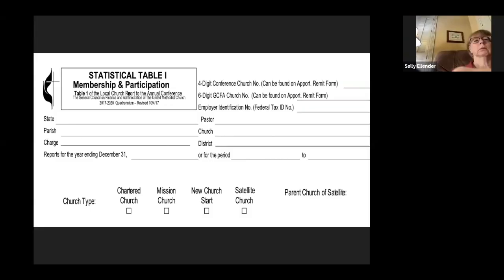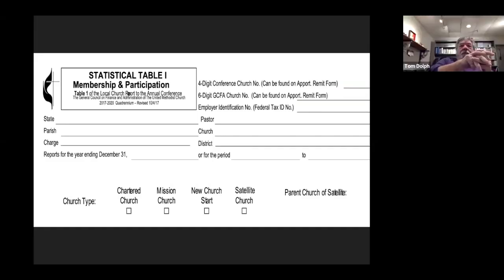So at the top right, you see again your church conference number, which can be found in the same places as the GCFA number. Put those on your form. You will also see your church's employer identification number, or EIN.